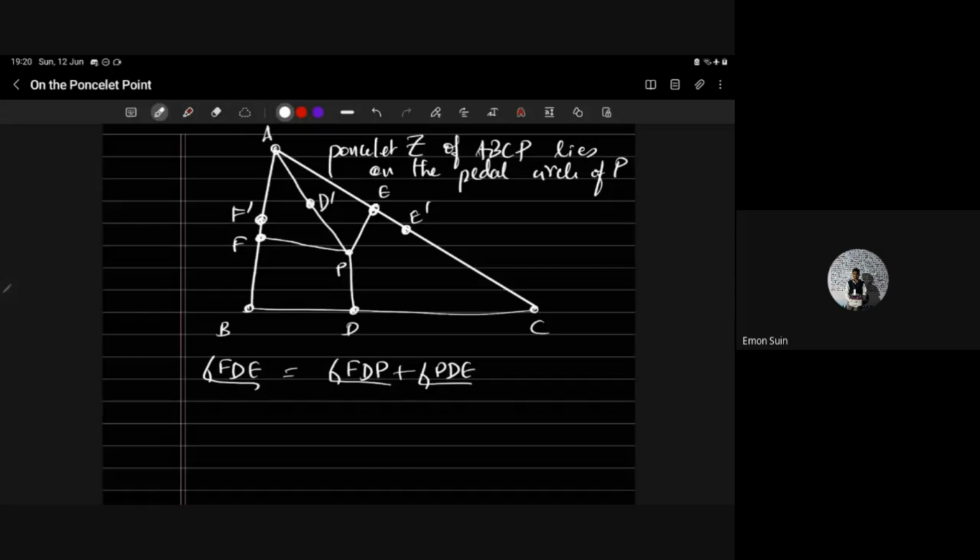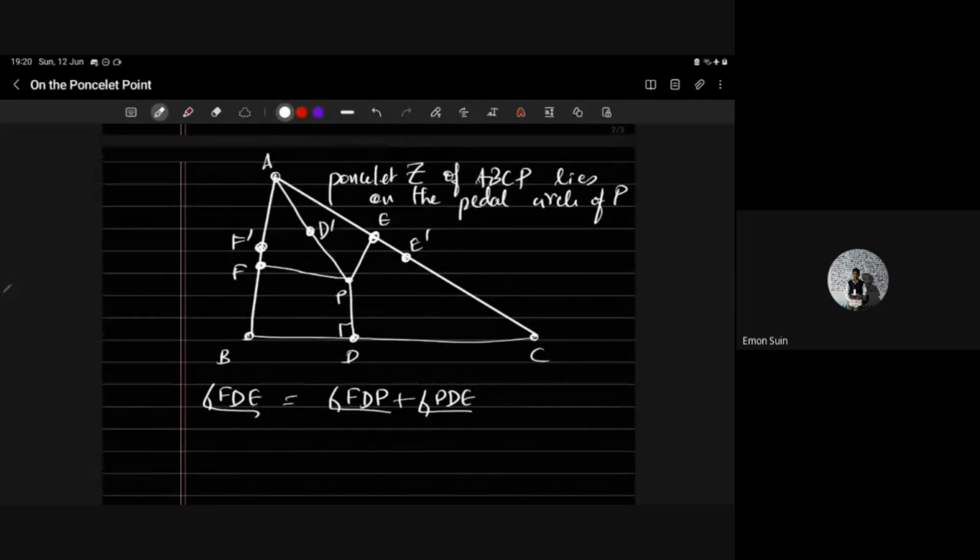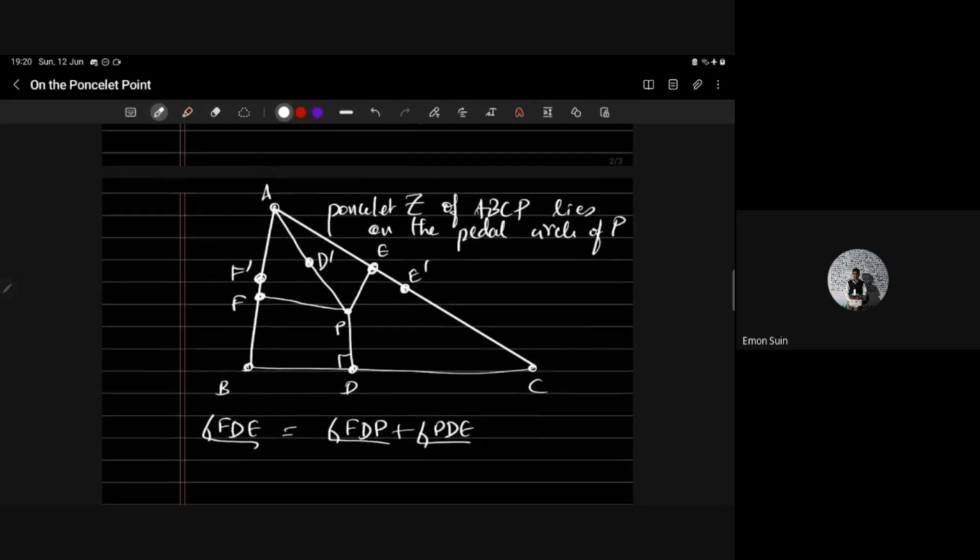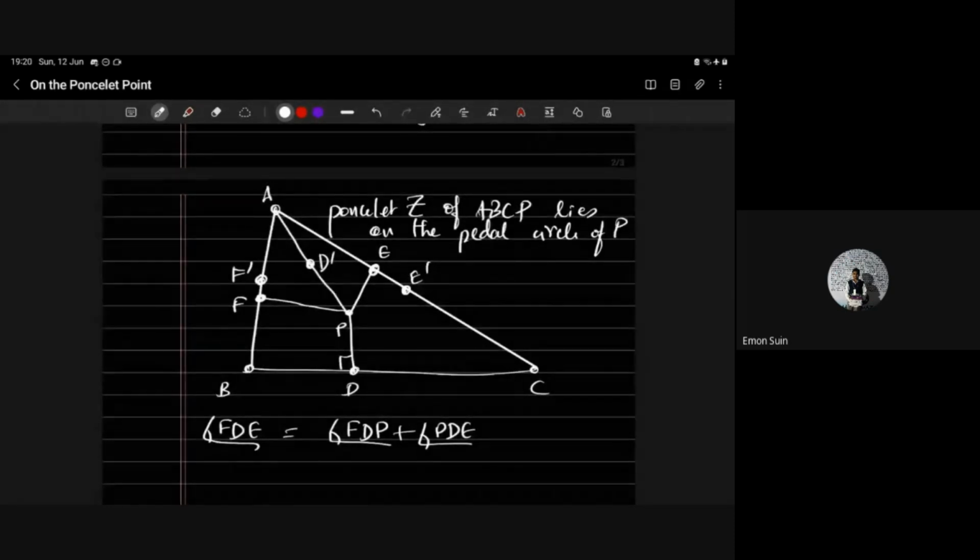What is P? P is any point. Okay, actually, P should not be the orthocenter of ABC. That is because the Poncelet point will not be well defined.